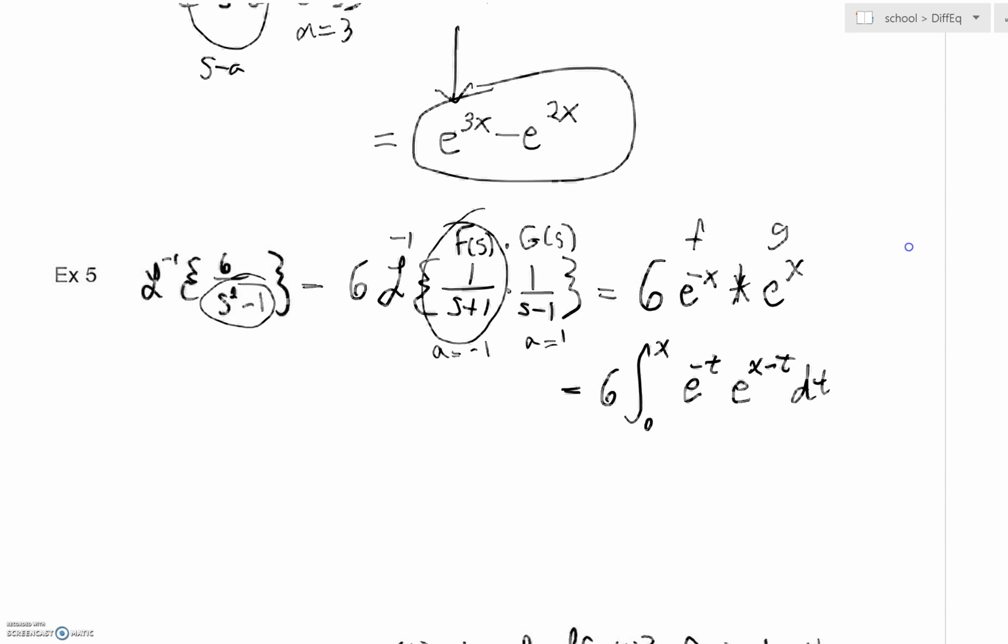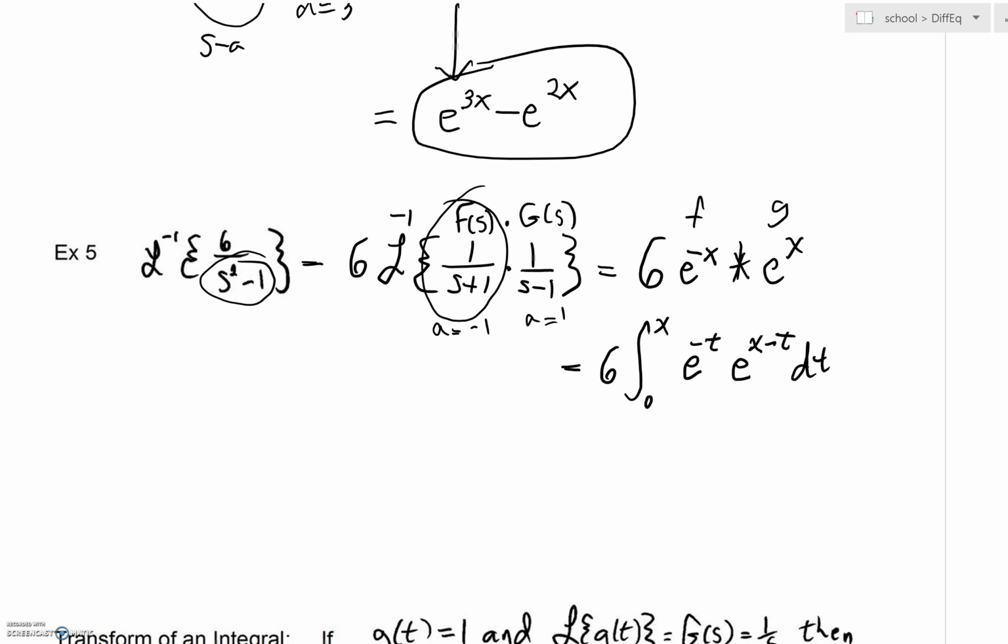At this point, we just have to work this integral out. Of course, we're going to add these powers together just like we did on the front page. You can see that that's going to be e to the x minus 2t, and we're integrating with respect to t.